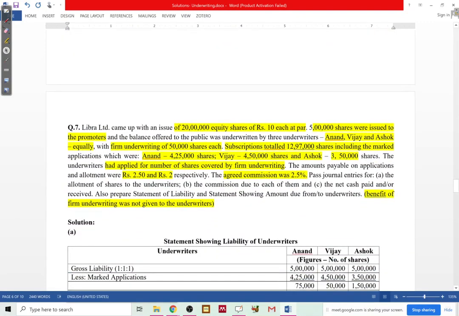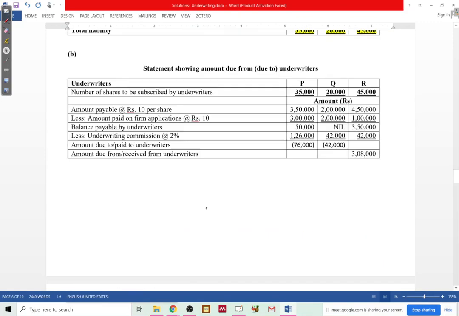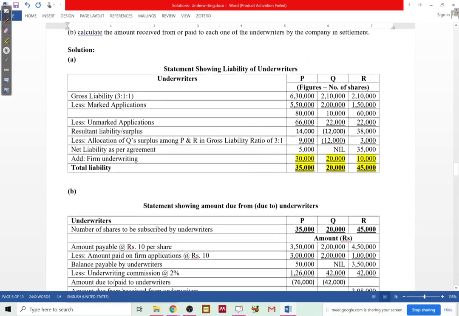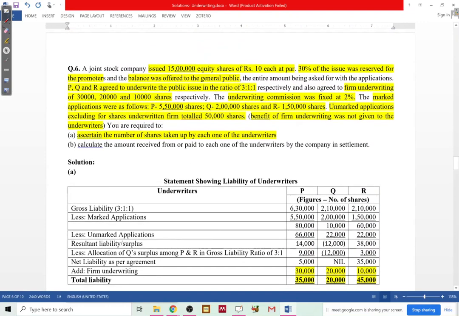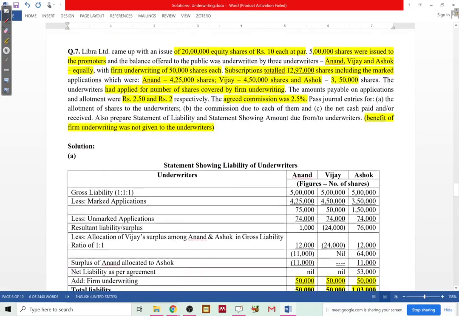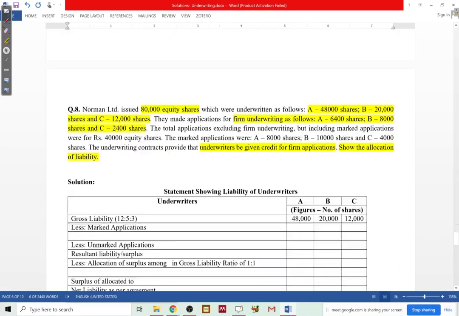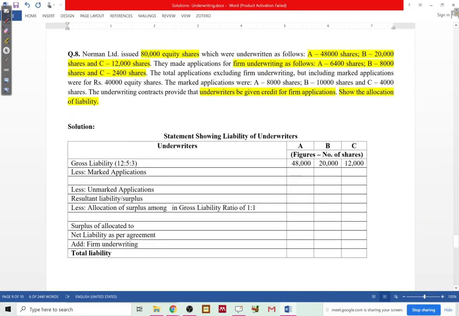Like for example over here, benefit of firm underwriting not given. That's why we used to add firm underwriting to unmarked applications, right? Even here, benefit of firm underwriting not given. So let's see what is to be done, what will be the calculation when benefit is given.